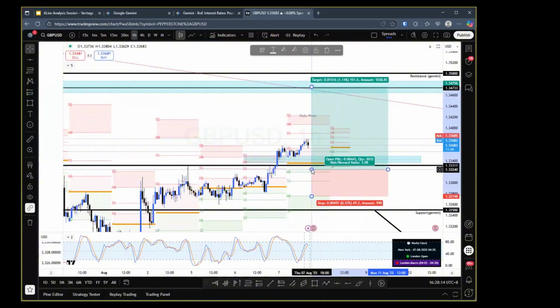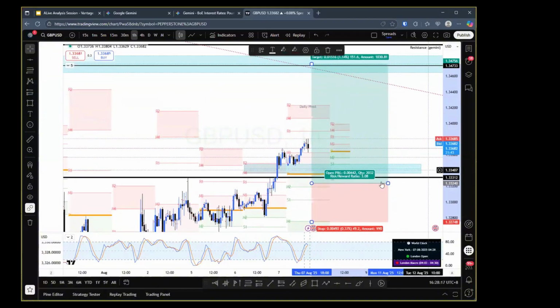So I would stay on the safe side and take at least 1 to 3. I wouldn't want to put my stops above this high because this was the first push, right? So you do know that the buyers are coming in here and your sell stops will be protected by this move here.